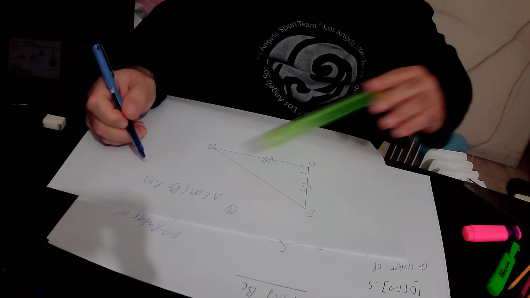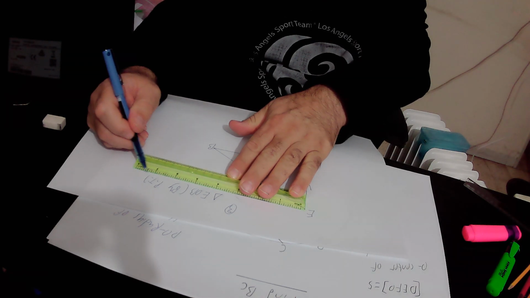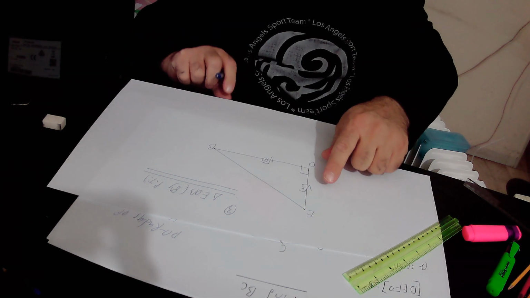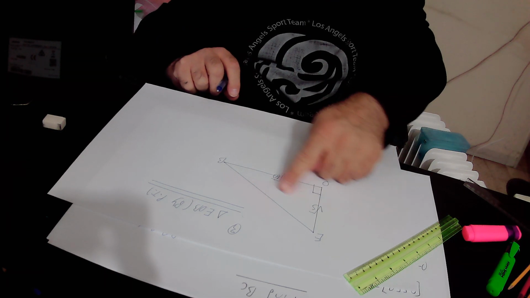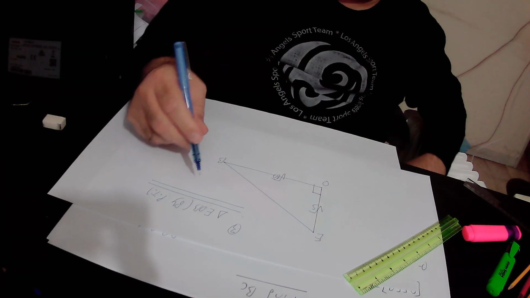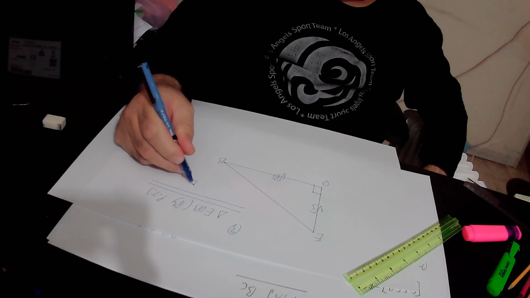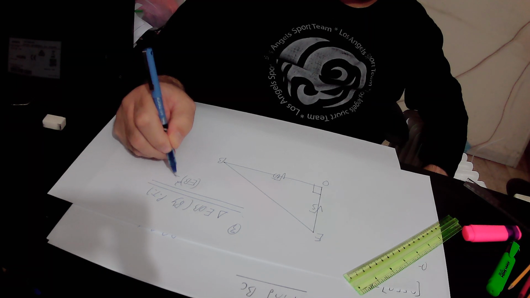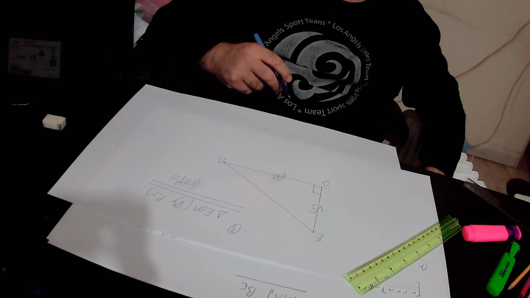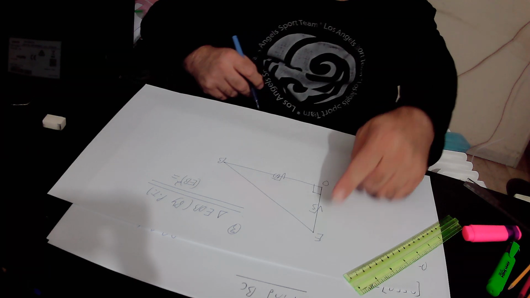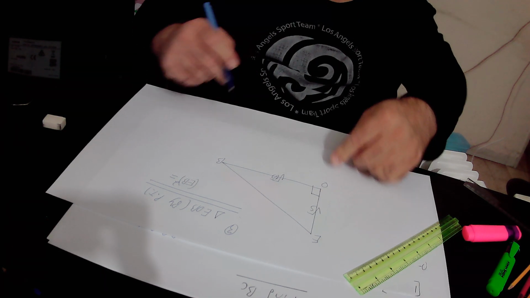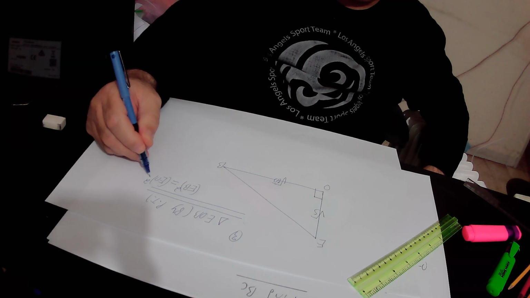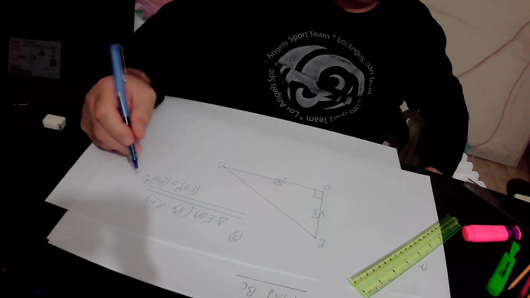According to the Pythagoras theorem, the square of the hypotenuse equals the sum of the squares of the perpendiculars. The hypotenuse is EB, therefore the square of the hypotenuse is EB squared, and it must be equal to the sum of the squares of the perpendiculars. That is to say, it must be equal to EO squared plus OB squared.